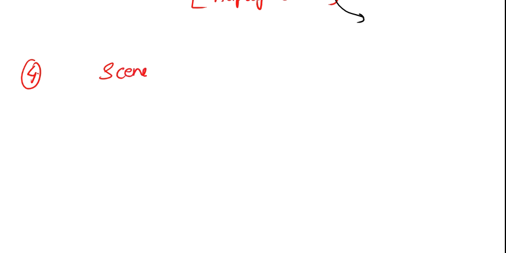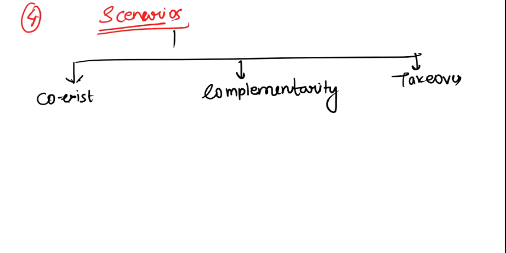Now let us move ahead with point number 4, which is the scenarios for banking and e-money sectors. Here we are going to understand some of the scenarios. The first scenario is the coexist scenario. There are banks that have their bank money, and we also have e-money.